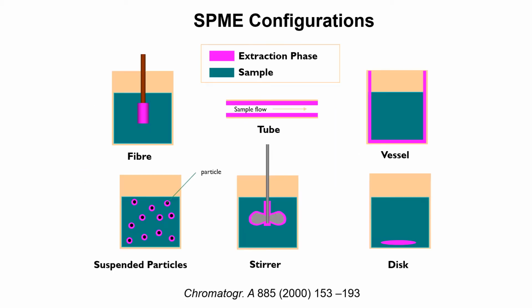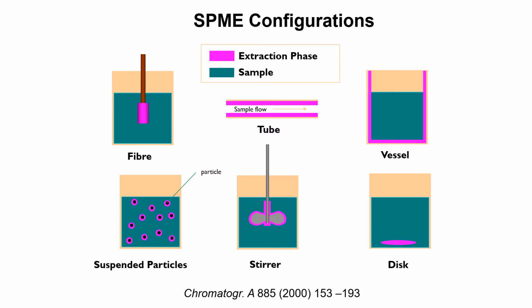When you want to change the volume of the extraction phase, you need to be careful to not increase the time of extraction. So you can consider various different geometries in SPME. This is one of the advantages of SPME, that you can coat any different surfaces with extraction phase. For example, if you go from fiber geometry to thin film disk geometry, you keep the same surface to volume ratio.